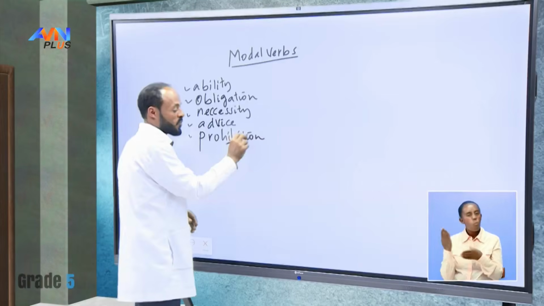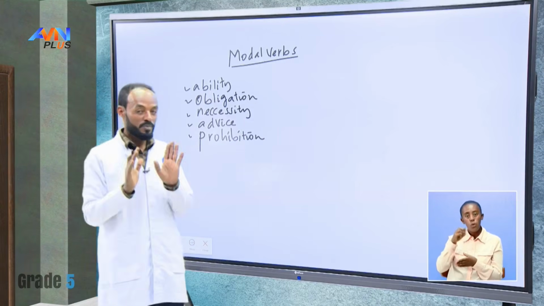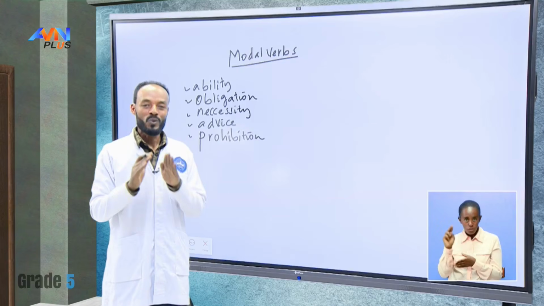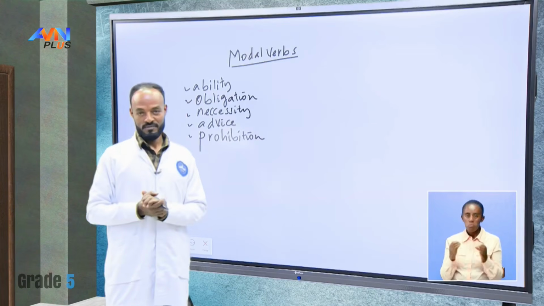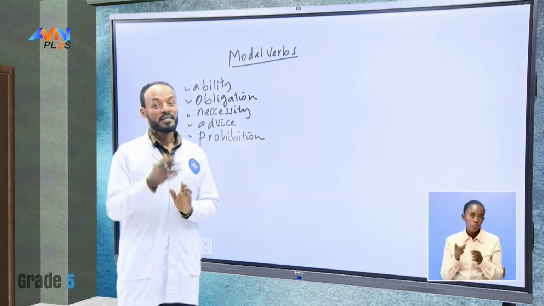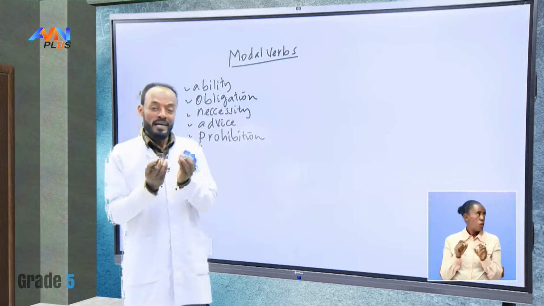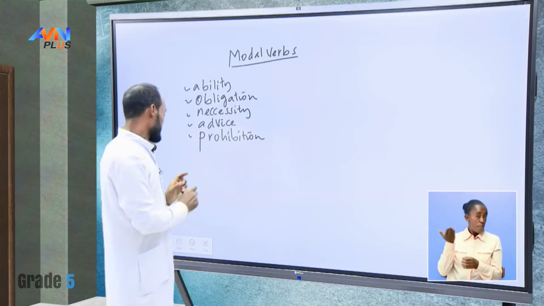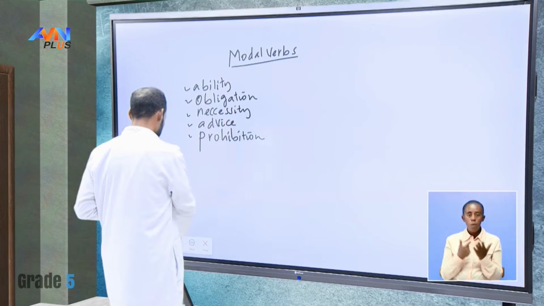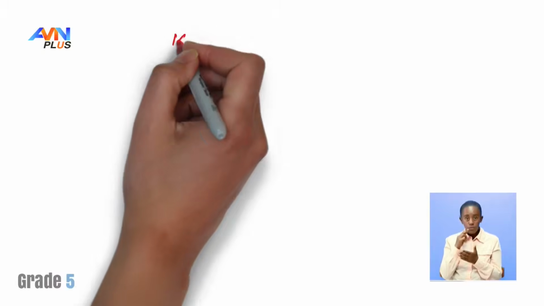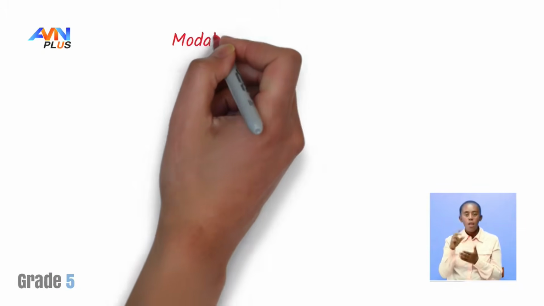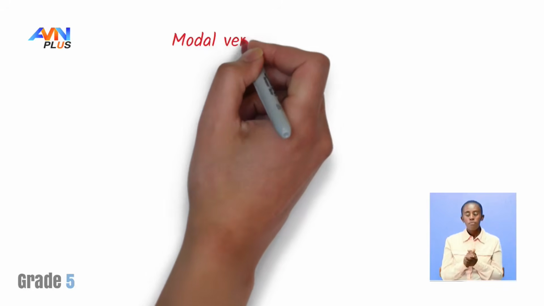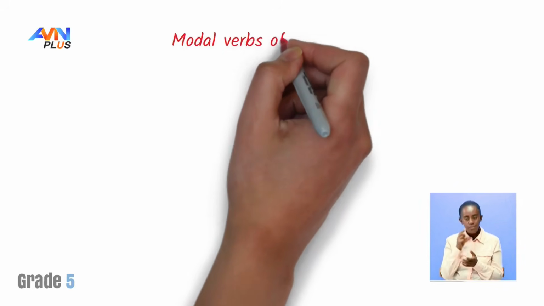Do you know what prohibition means? Prohibition means something which is not allowed to do. Is it clear? Good. So, the topic of our previous lesson is just about modal verbs of what? Modal verbs of advice.